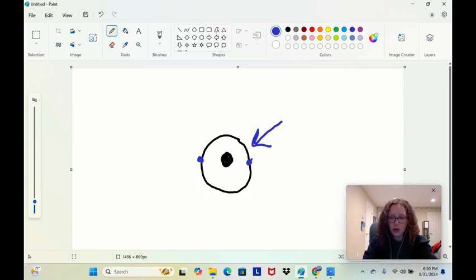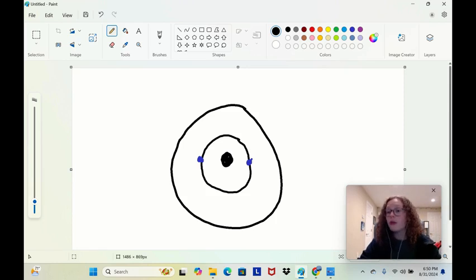It's just the farthest out ring, right? If it only has one ring around it, a full valence shell would be 2 electrons. If it has an additional ring around it, like this, a full valence shell would have how many electrons? 8, right? Because every ring after the second one contains 8 electrons, in theory, in AP biology. That's all you have to know.